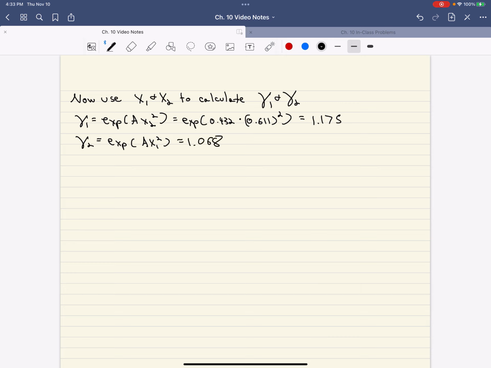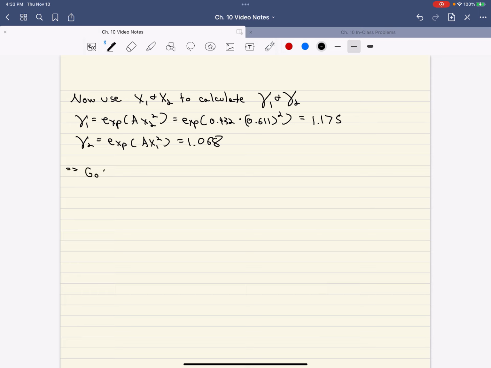Okay? And so what we see now is that, initially we guessed that gamma 1 and gamma 2 were equal to 1. But now that we've kind of gone through a cycle of calculating all our values, we see that our activity coefficient values have updated. Now, gamma 1 and gamma 2 are both larger than 1. Now that we have these new values for gamma 1 and gamma 2, we then repeat the cycle.